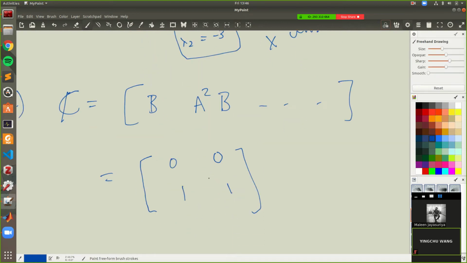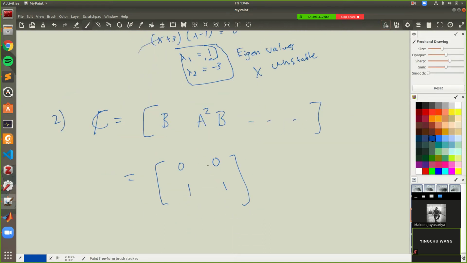How you check that is you get this controllability matrix and check its rank. The rank of a matrix is how many rows are linearly independent from each other. Do you remember what linear independence is?